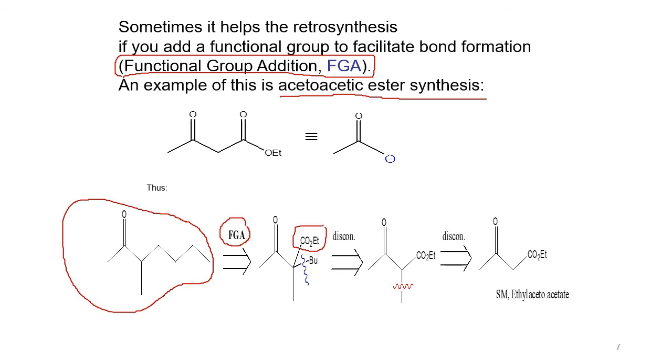This is the functional group that you add, so that's why it is called FGA. Once you have this functional group, you can do the disconnection and you disconnect this part. So you can synthesize this compound using ethyl acetoacetate as drawn here.